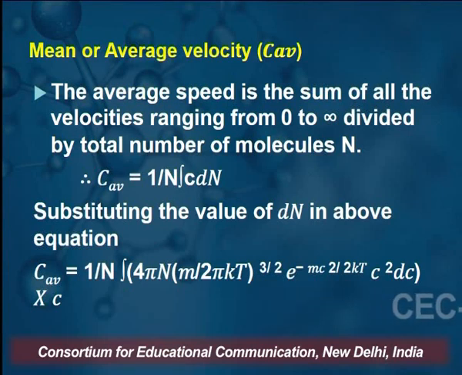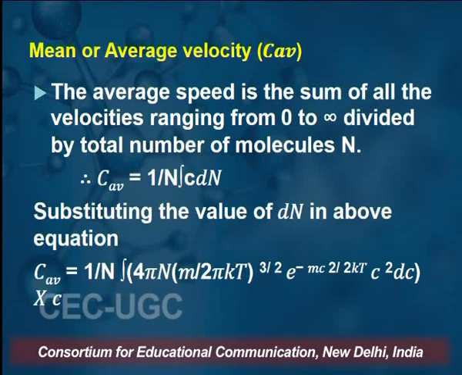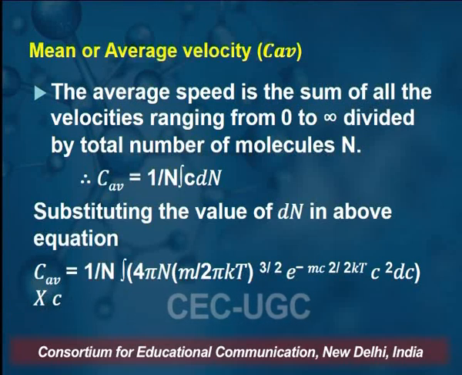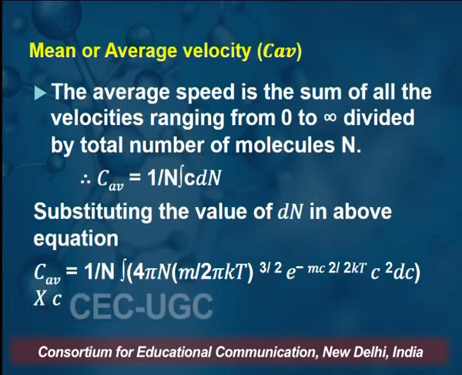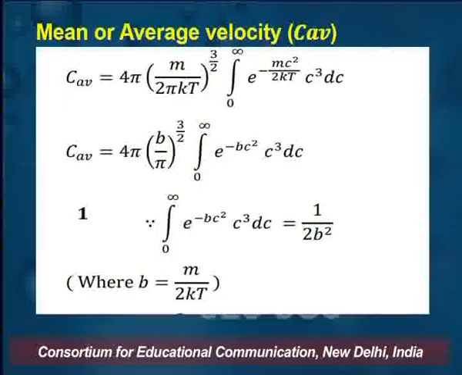Now, this c which is occurring at the last of the equation is because we are calculating C average. Had we been calculating C square average, we would have multiplied by C square, as you will just see. So, this is the derivation of C average.